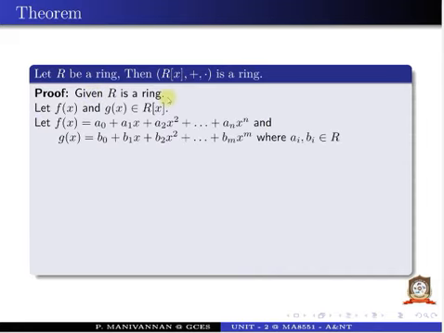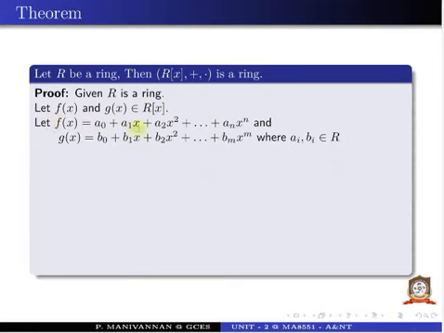Let f(x) and g(x) belong to R[x]. What is R[x]? The set of all polynomials with the coefficients of these polynomials belonging to the ring R. Let f(x) equal this one.